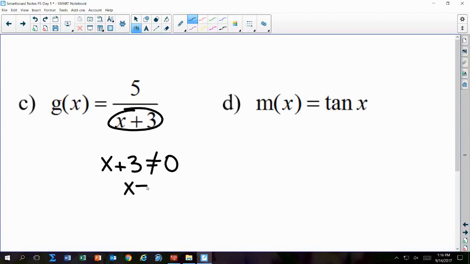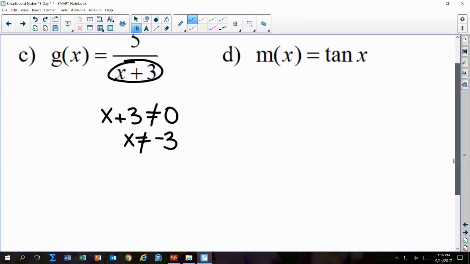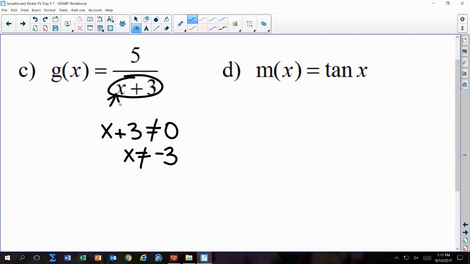So now let's solve for x. If I subtract 3 from both sides, I get that x can't be equal to negative 3. Okay? That's my only restriction. x can be anything else, it just cannot be negative 3. Right? Because if I plugged in negative 3 here, what would I get? Negative 3 plus 3, divided by 0. No good.